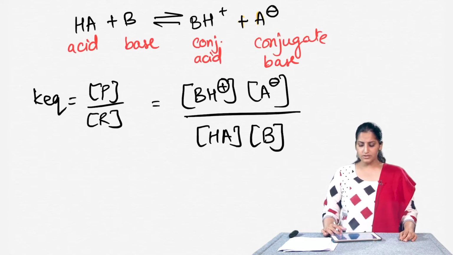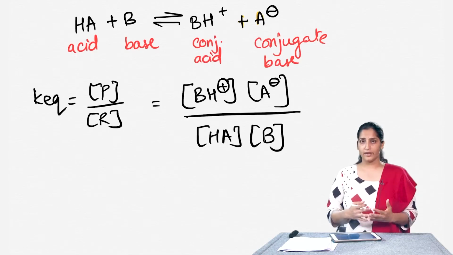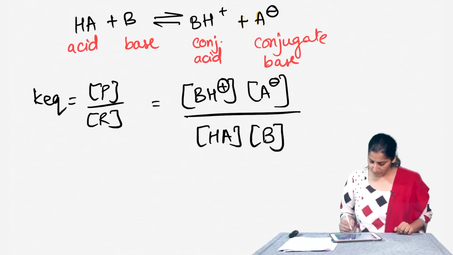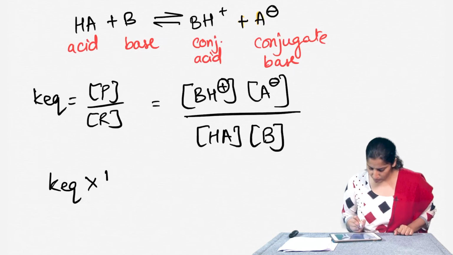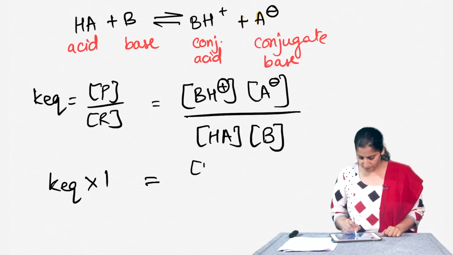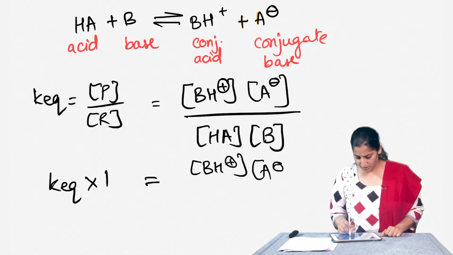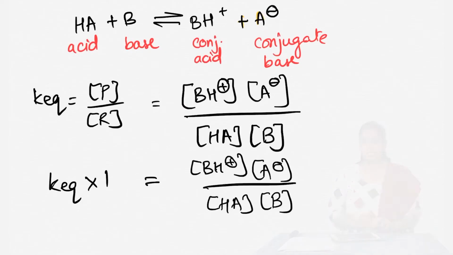What I am going to do is multiply this K equilibrium by 1. Okay. So, I am going to write KEQ into 1 is equal to the concentration of BH plus, concentration of A minus over the concentration of HA and the concentration of base.